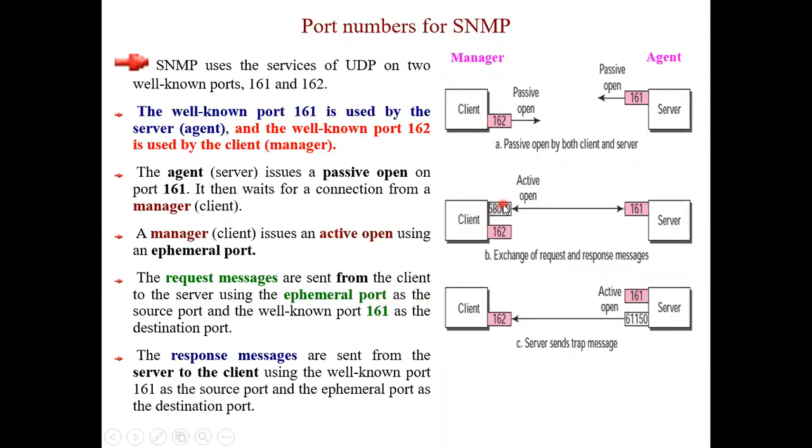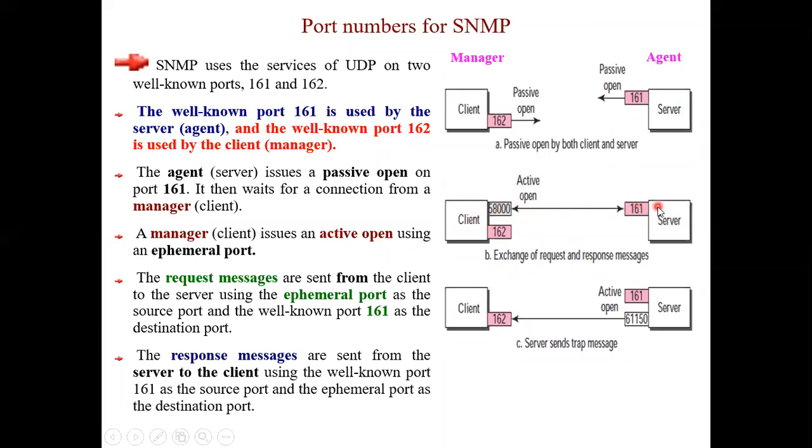He has sent a request, but the destination port, that is the agent, should have the port number 161. Once the client sends a request to the server, that is the manager sends a request to the agent, then the response message is sent from the server to the client, or you can say agent to the manager.